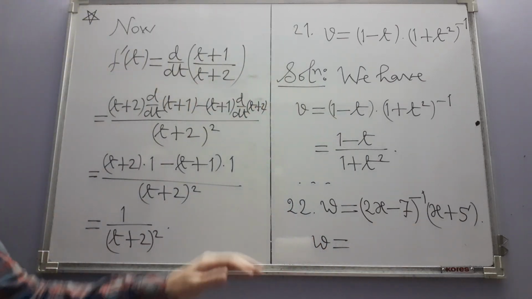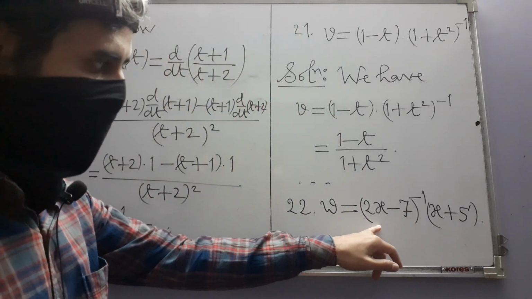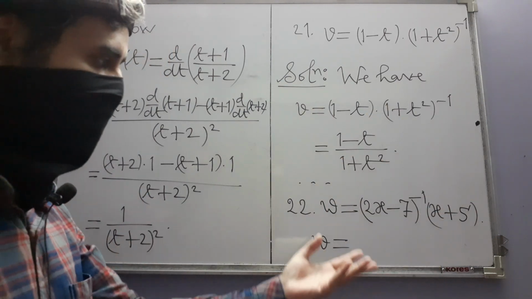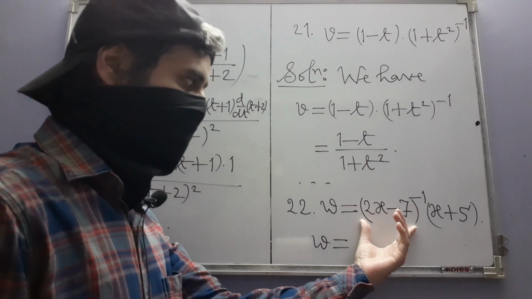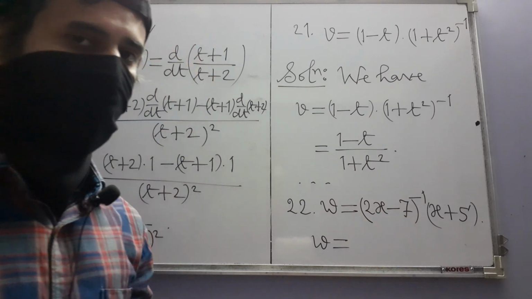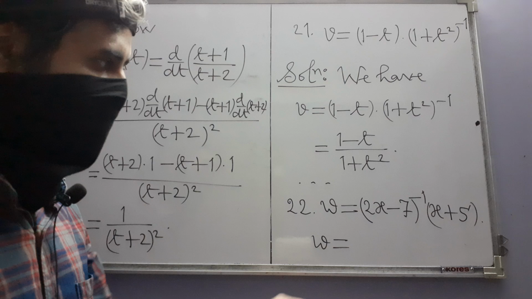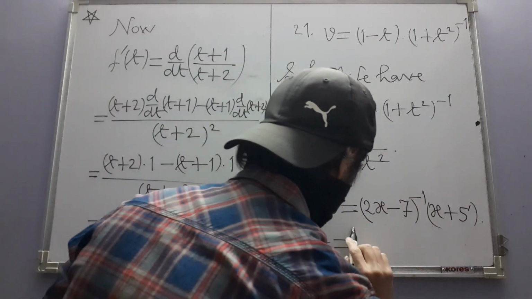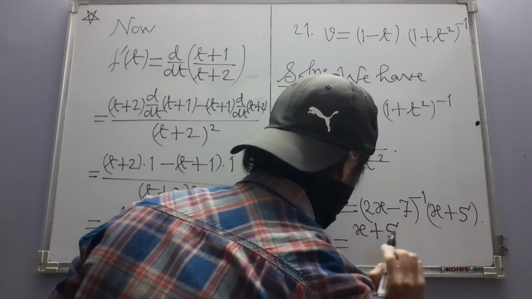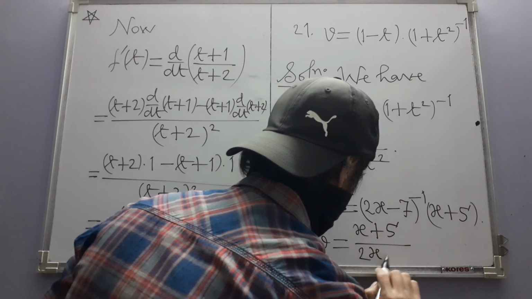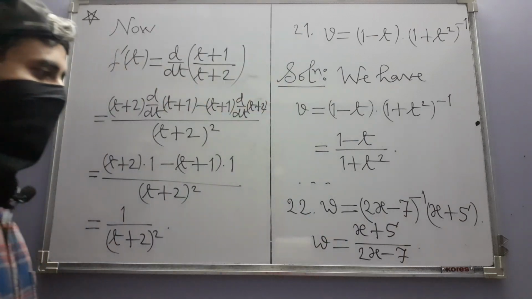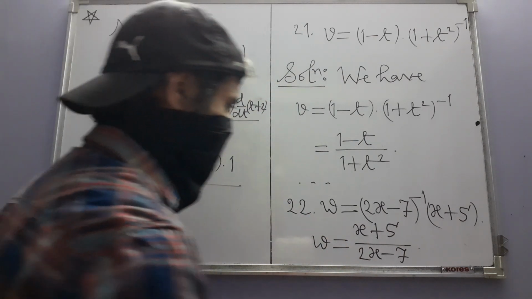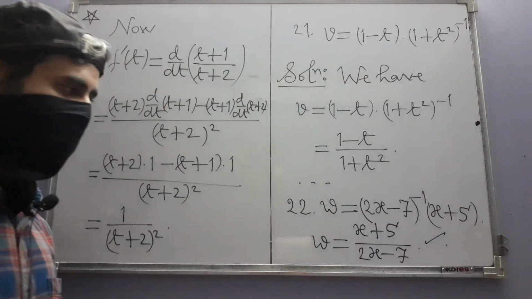You see, the authors have knowingly put this factor first so that we get confused and we may end up writing 2x minus 7 divided by x plus 5. Don't make that mistake. The exponent minus 1 is over 2x minus 7. So, when you express it as a quotient, 2x minus 7 goes down. And then you apply the quotient rule to it to find its derivative. So, this one also is left to you.